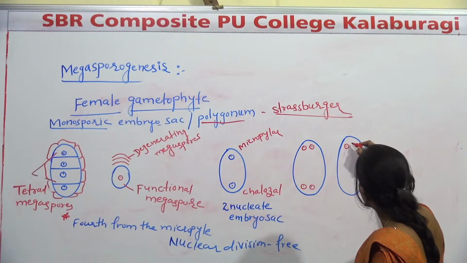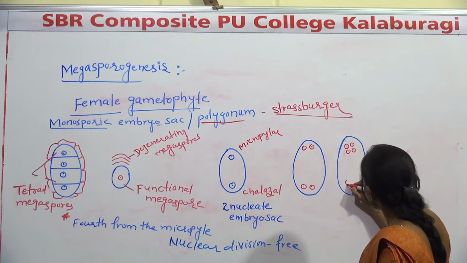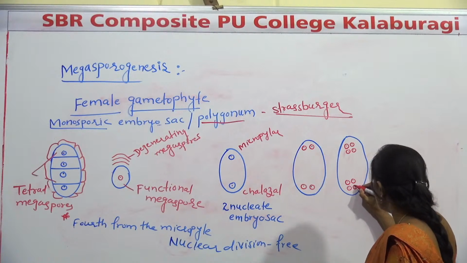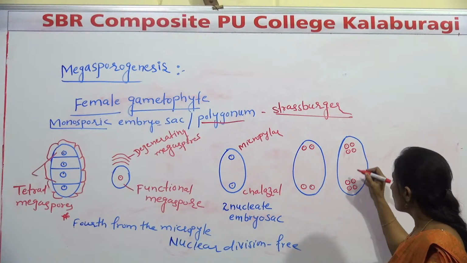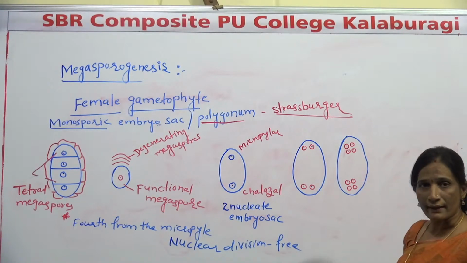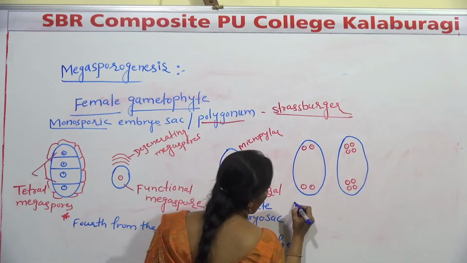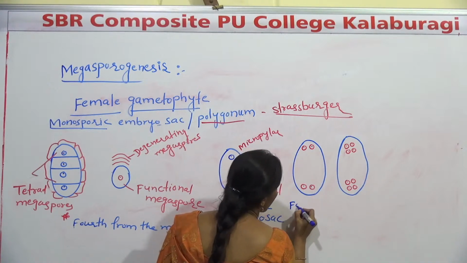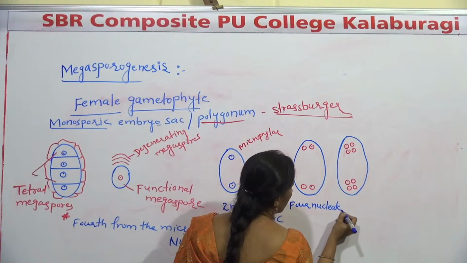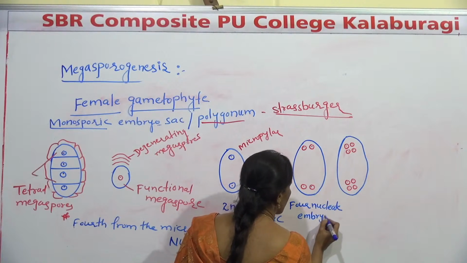Four are present near the micropylar region and four are present at the chalazal region. Is it clear? So this is called the four nucleate embryo sac.